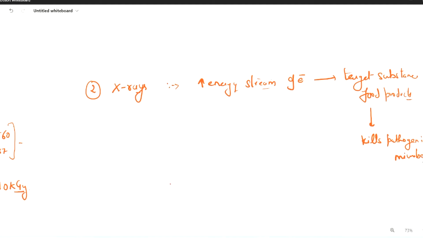In this case, the dose of the X-rays used is 5 million volts.